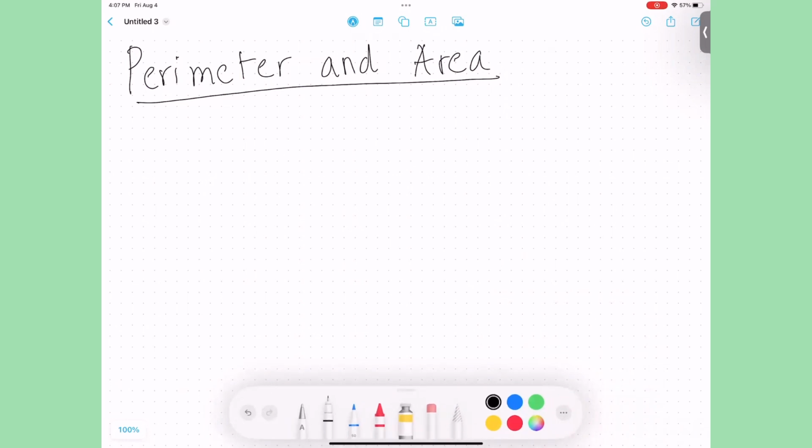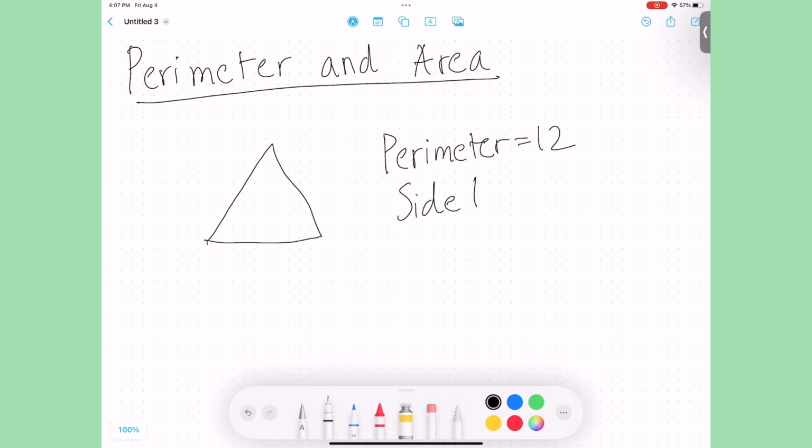So let's say I have an equilateral triangle and the perimeter is 12. So what's the side length? If the perimeter of the triangle is 12 and it's an equilateral triangle.